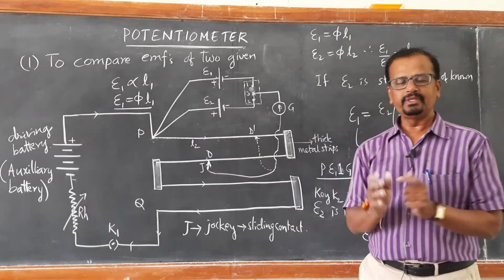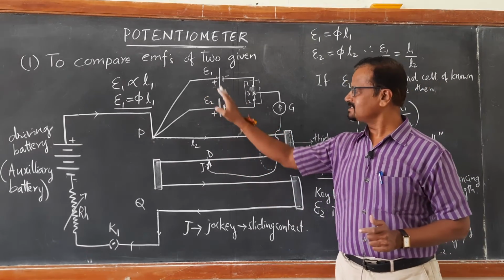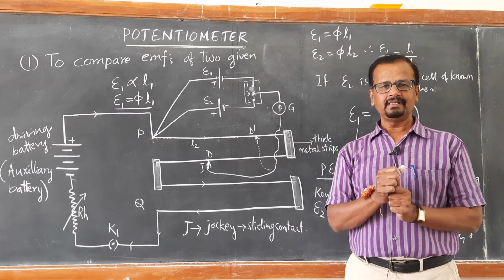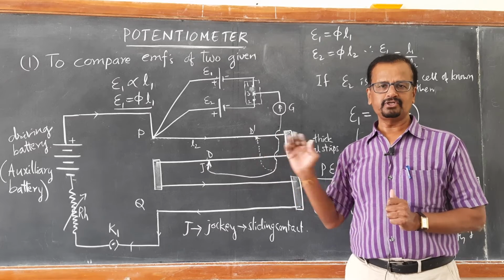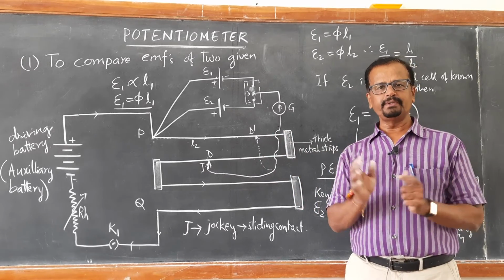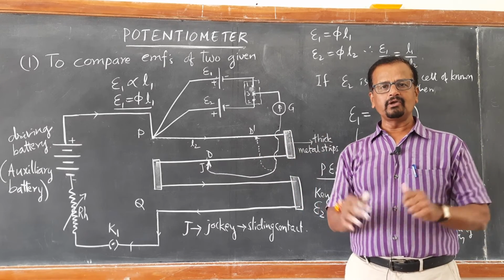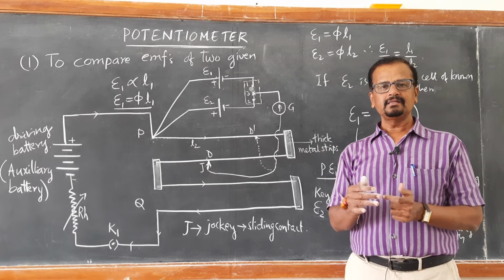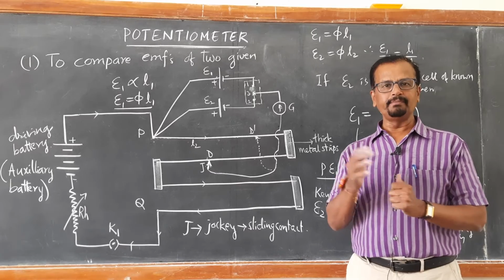It means without drawing any current from these cells, it is capable of measuring its EMF. That is the advantage of the potentiometer. So potentiometer reads more accurately, its accuracy is more than the accuracy of the voltmeter.